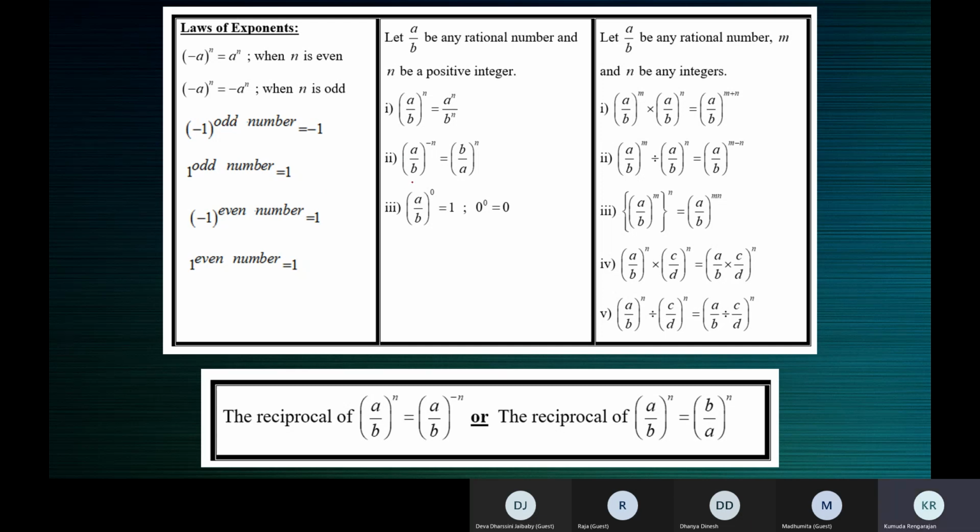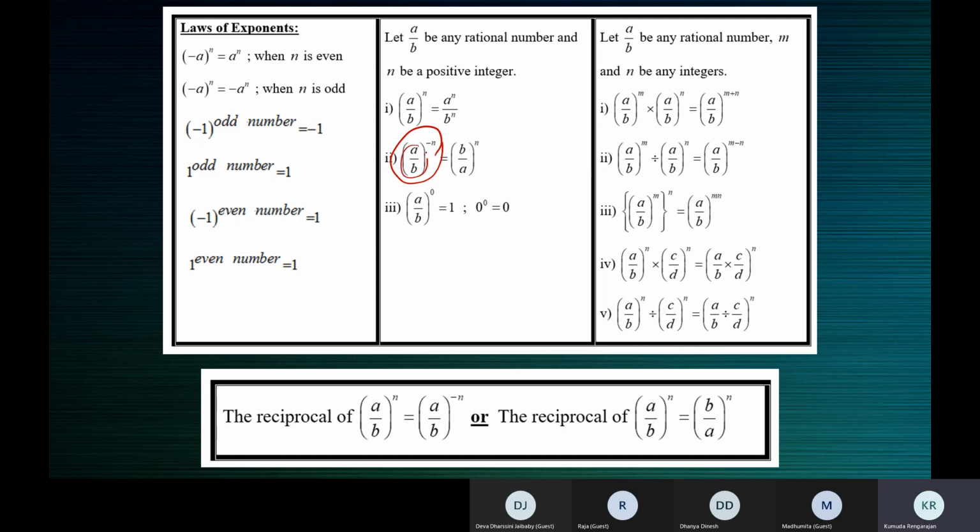A by B to the power minus n. Now this is another law. When you want to make the negative power positive, you should do 2 changes. When you want to write an equivalent of this one, you must make 2 changes, as you've seen in 7th standard.